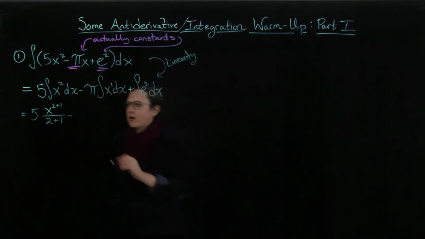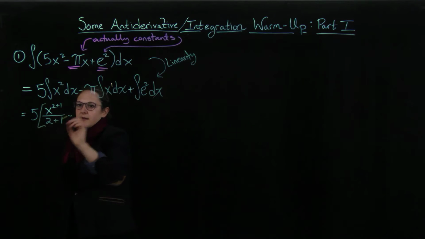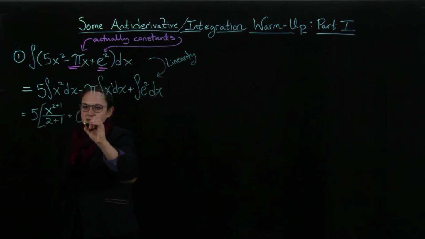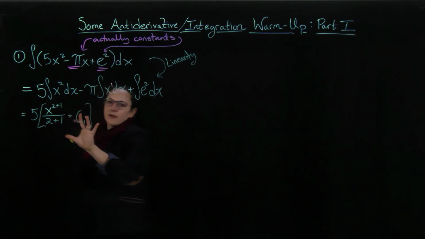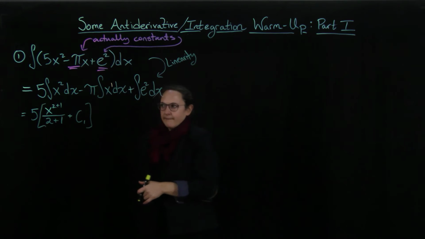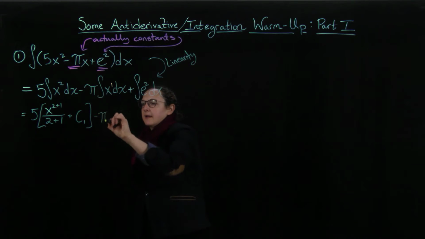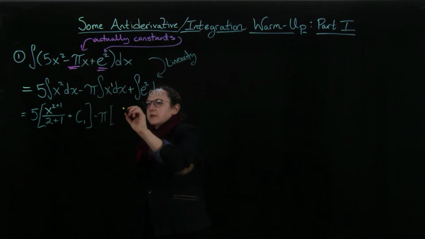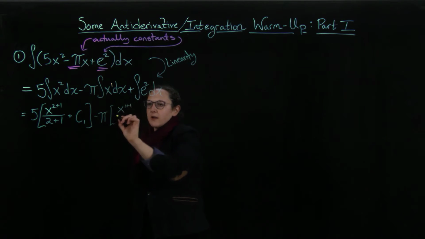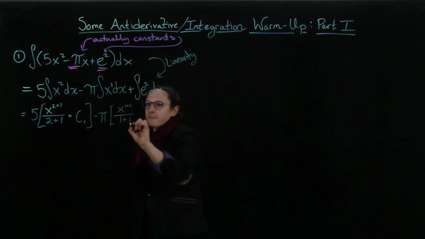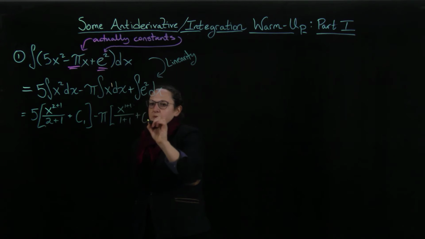How did I do this in here? Oh, I actually put the constants. Let's just be a little consistent here. I put the constants for that. Okay, so that's the entire indefinite integral there. And then I have minus pi times, and then x to the 1 plus 1, so we're no longer subtracting 1, we're adding 1. And then we'll put a second constant.